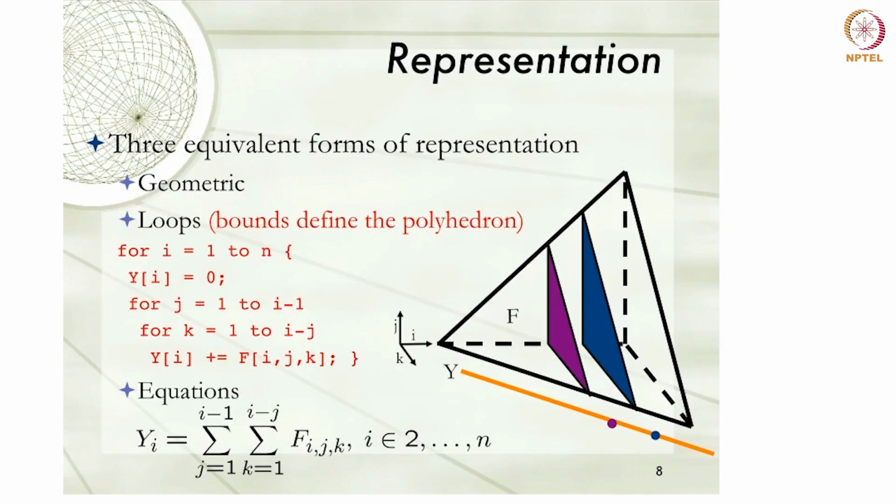I am reading a one-dimensional variable x by an affine function, or a linear function. That linear function maps i, j, k to k.